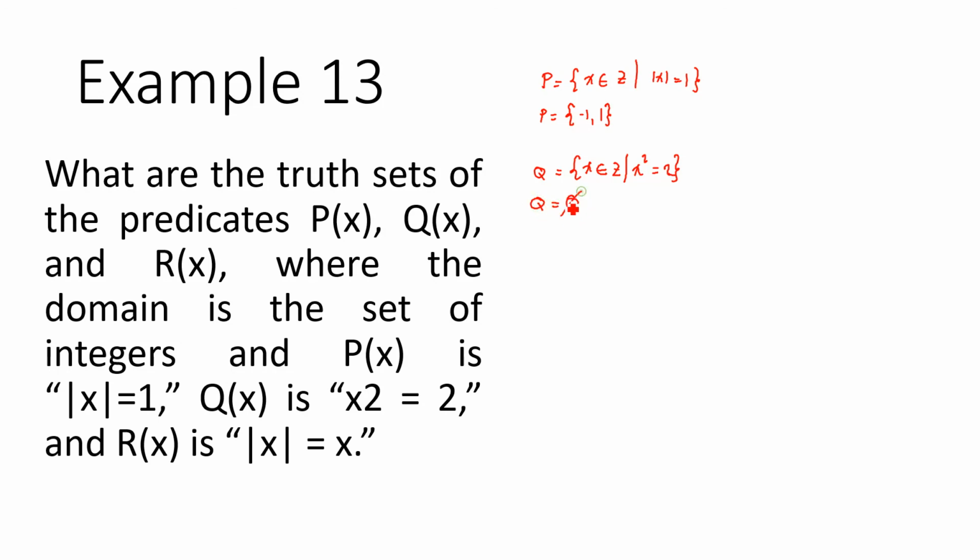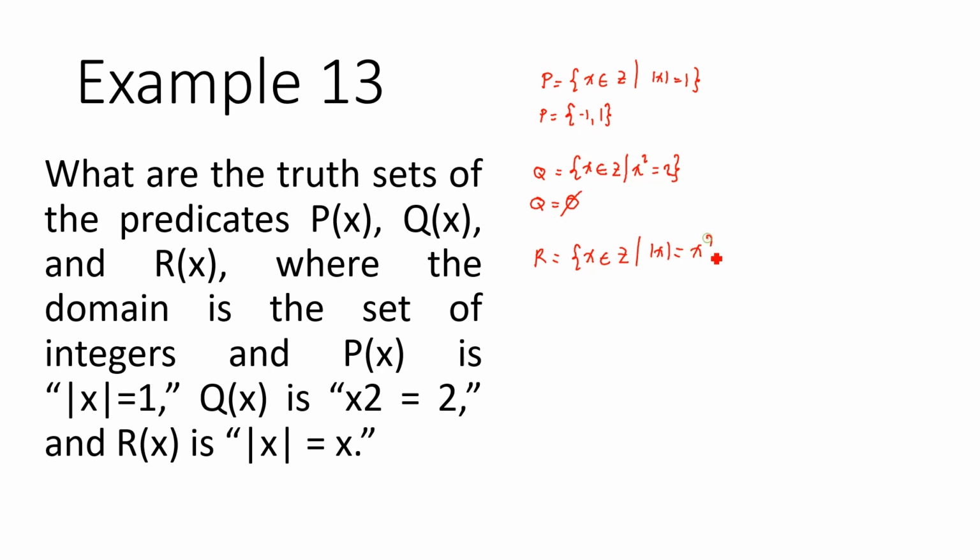For the truth set of R, you have the set of x elements of Z such that the absolute value of x is equal to x.